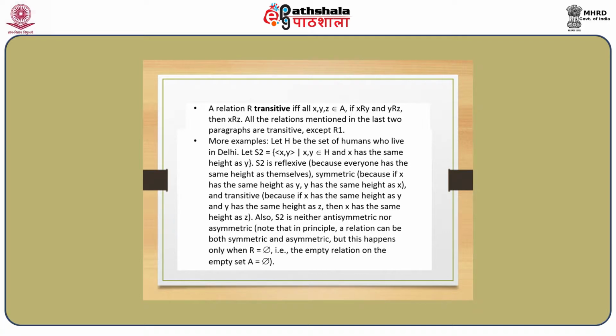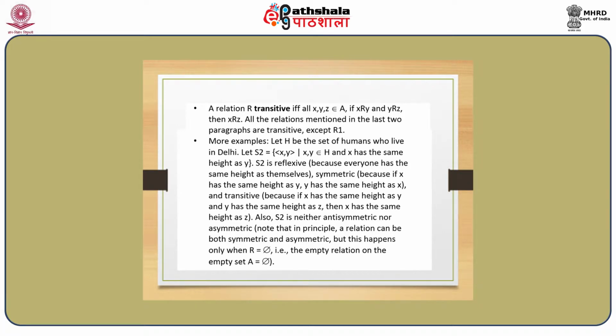Symmetric because if x has the same height as y, y has the same height as x. And transitive because if x has the same height as y and y has the same height as z, then x has the same height as z. Also, S2 is neither antisymmetric nor asymmetric.